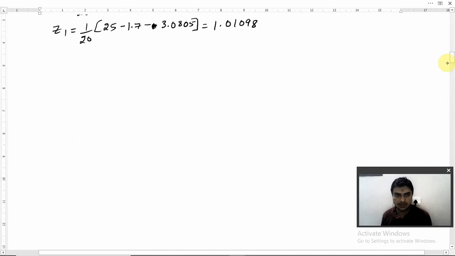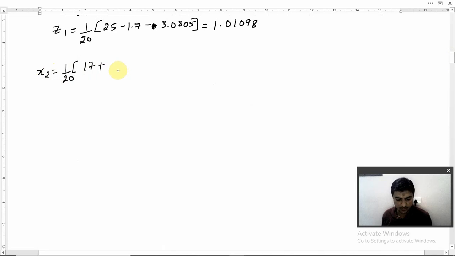Okay, so next we'll continue with the second iteration. I'm going to take x2 is equal to 1 upon 20 into 17 plus, now again we know the previous value of y.